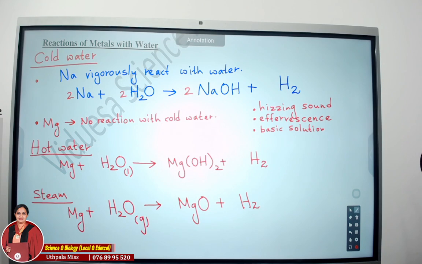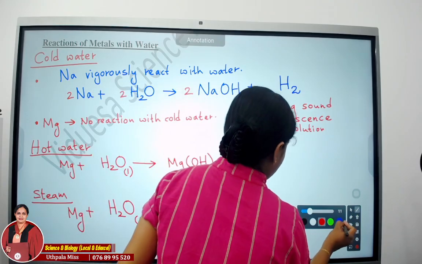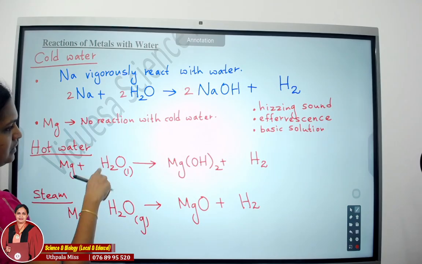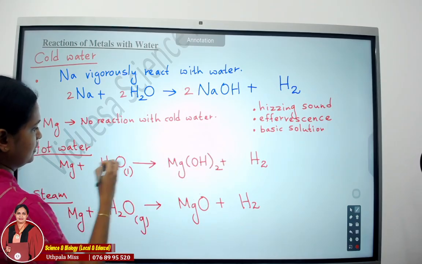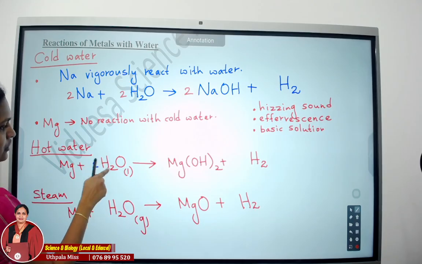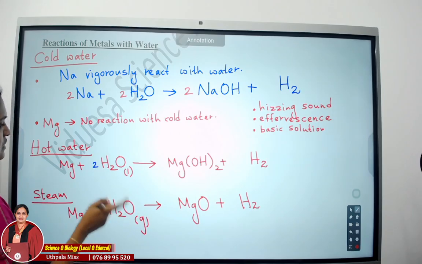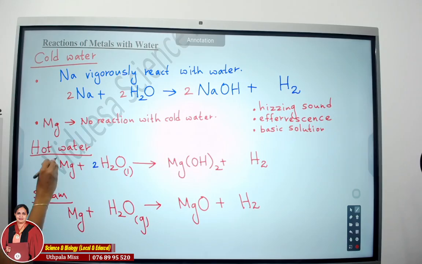Okay, done. Did you balance? Magnesium, 2 hydrogen; if we put 2 here, 2 into 2 is 4 hydrogen, balanced, and 2 oxygen also balanced. Then MgO plus H2 is already balanced.